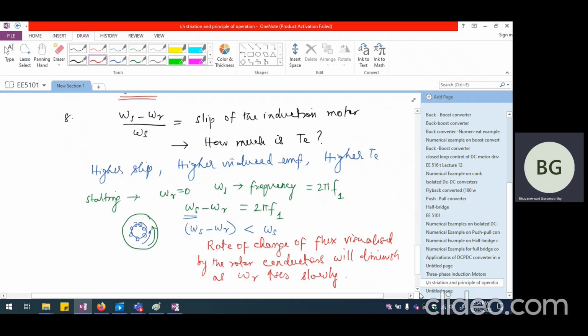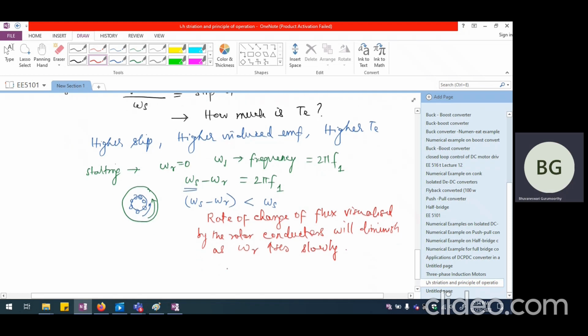So as omega r increases, we have (omega s minus omega r) divided by omega s, which is known as slip. If I express it multiplied by 100, this is known as percentage slip. I can call this S.